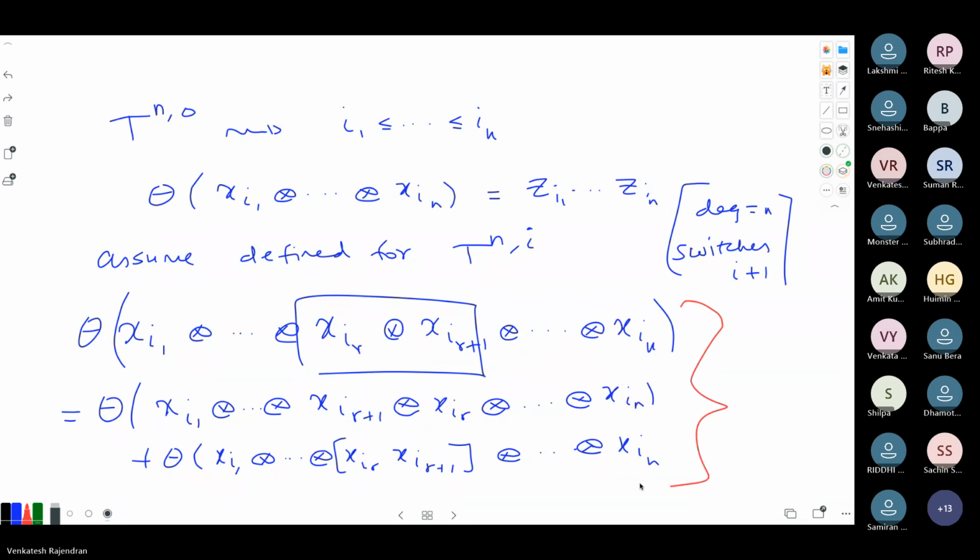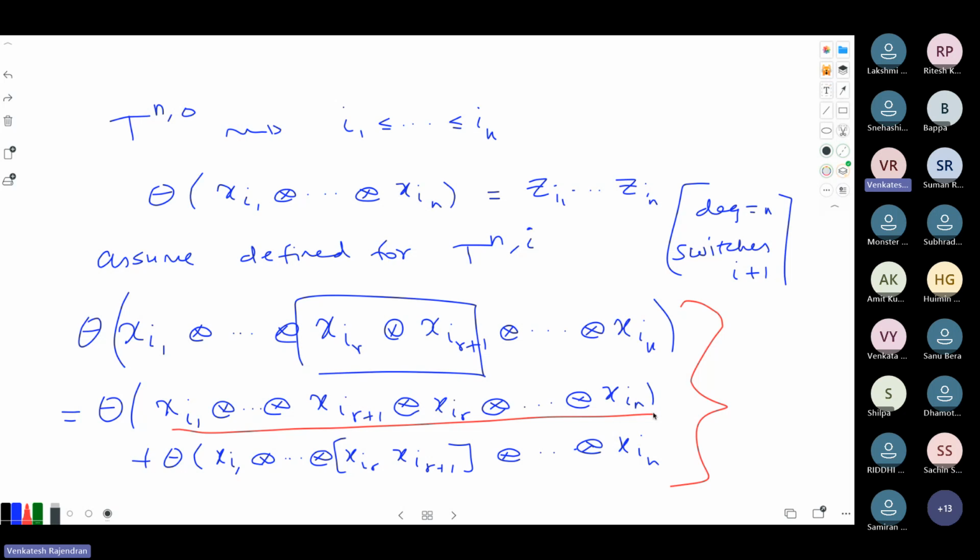If you want theta to satisfy your condition, this is something demanded. So you can choose R, the place where the correct order is not there. Then by the definition of theta, you demand that this is the same as this plus this. So you define it to be this. Now if you reorder this word, it will have a smaller number of switches. It has length n, but fewer switches.